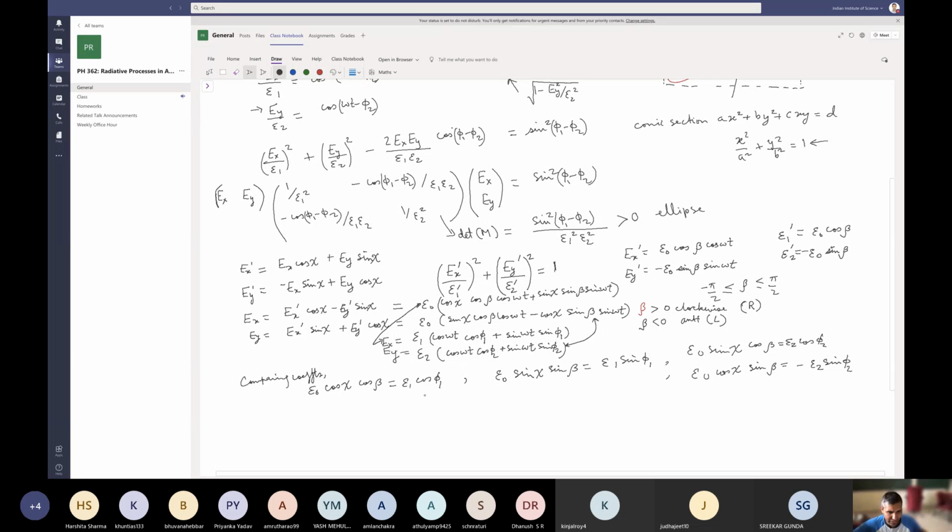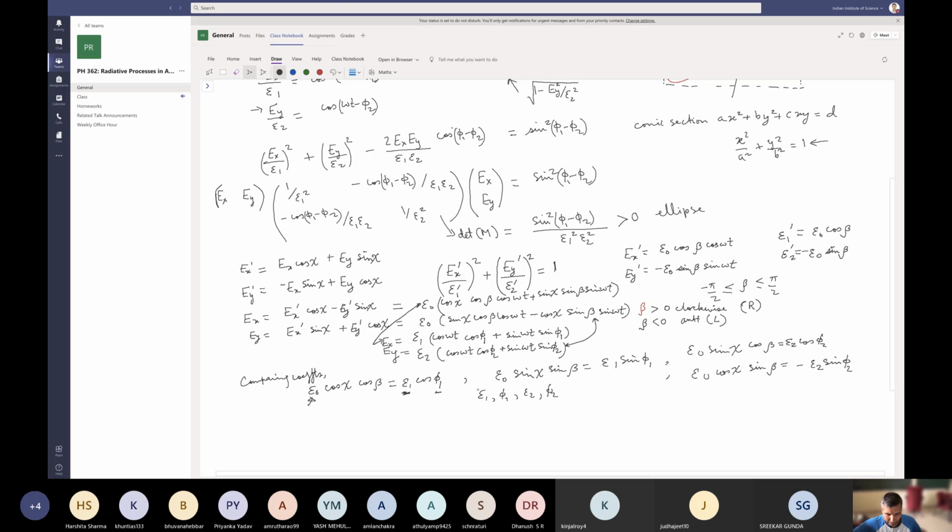Okay, so what have these relations achieved? You can go from xy coordinate parameters, the amplitude and phase in xy coordinates, to the principal axis parameters, epsilon naught, chi, and beta. So the parameters in the xy coordinates are epsilon 1, phi 1, epsilon 2, phi 2.